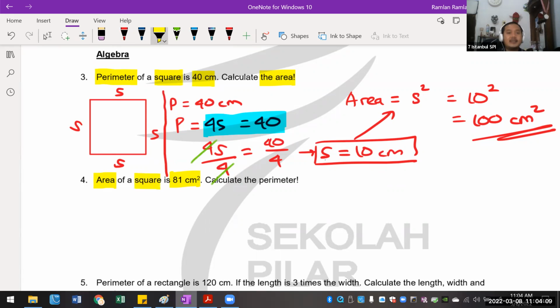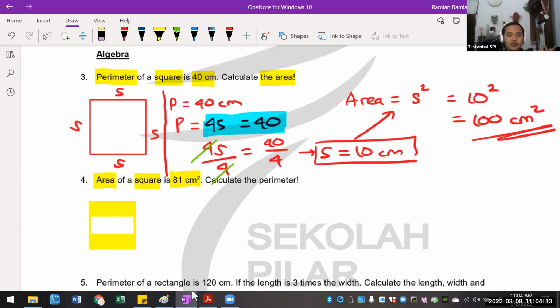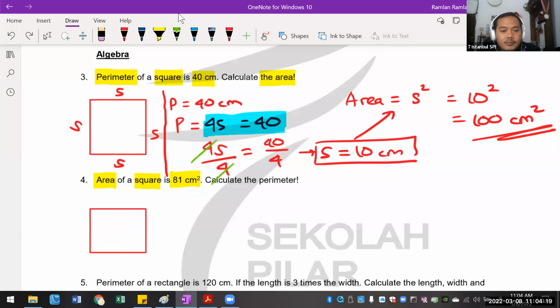Okay, so let's draw a square. Okay, here we go. Square. And then the area is 81 centimeters squared. So I'm going to write down the area, which means how many squares are inside.